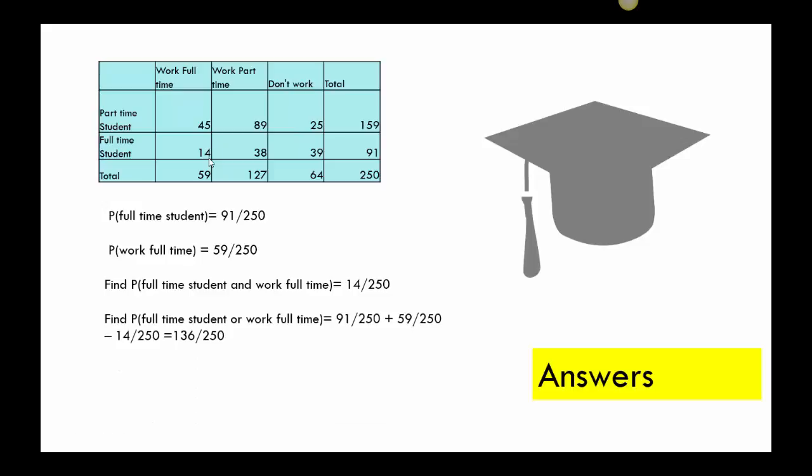And I put these all together using our formula to find out OR. So OR says, if I'm trying to find full-time student or work full-time, I could go back to probability of full-time student plus probability of full-time working minus both, right? So I set up an order for us, and that says I get 136 over 250.